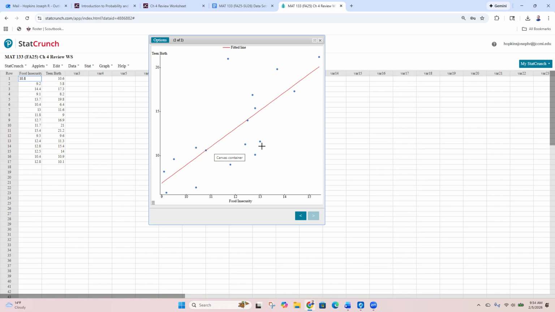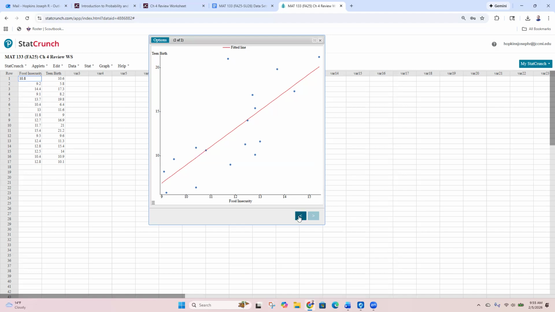It's finding the line that minimizes the total distance your dots are off of it, because we don't want the dots all over the place. If we drew a line like this, that would be wrong because I'd have a lot of dots very far from the line. Here, I've only got one dot that's far from the line, and you're not going to be able to fix that because something's weird there.